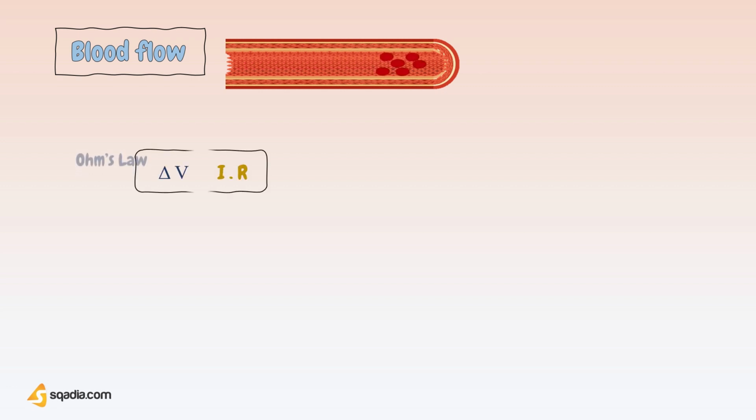Then we can compare this flow of blood to Ohm's law of electricity, that is, delta V is equal to I into R. This shows the voltage difference is equal to the product of current and resistance.